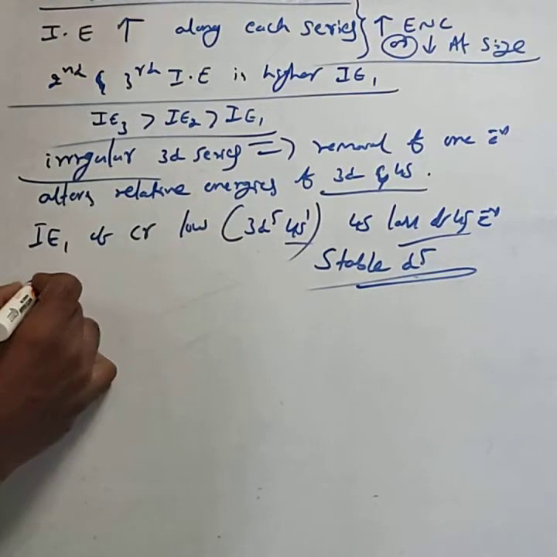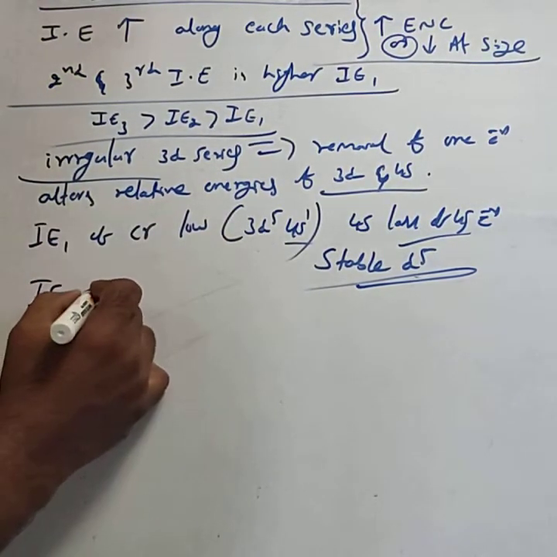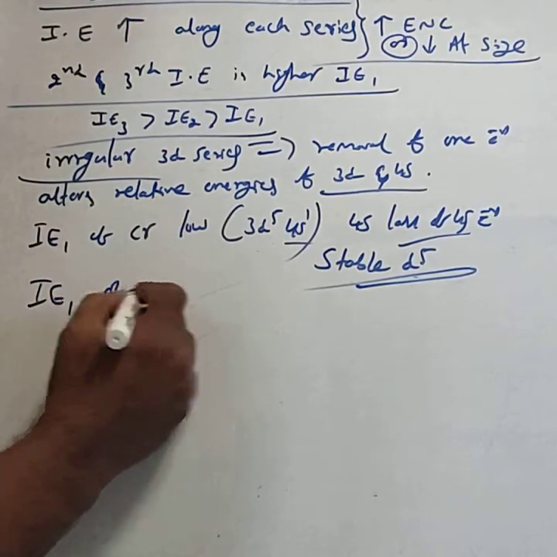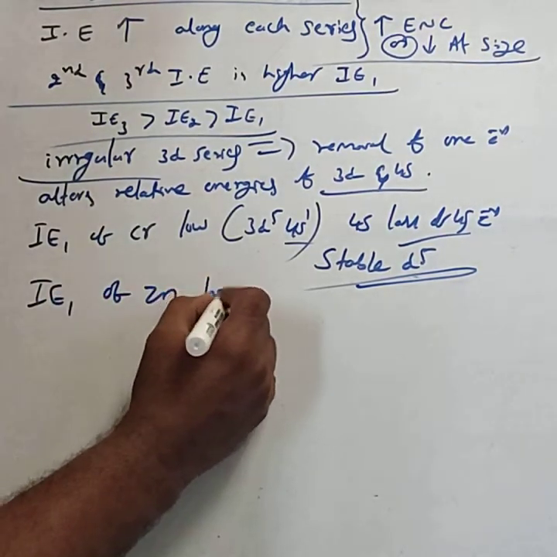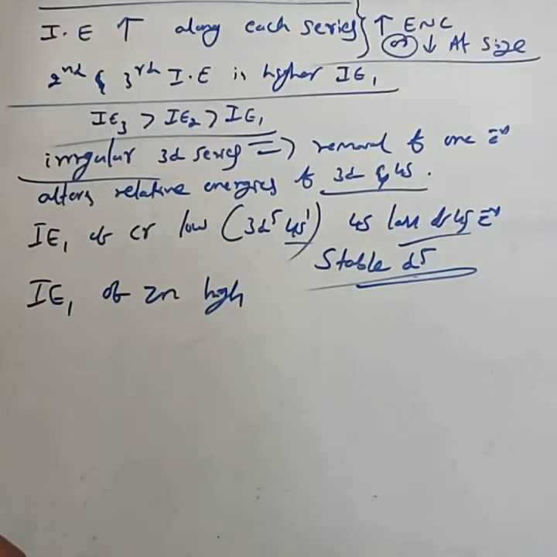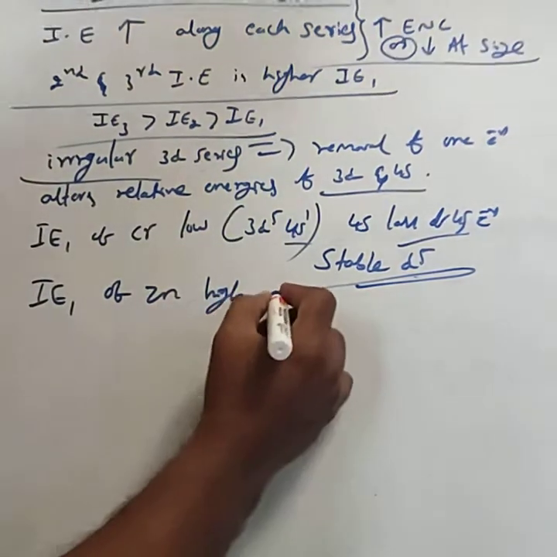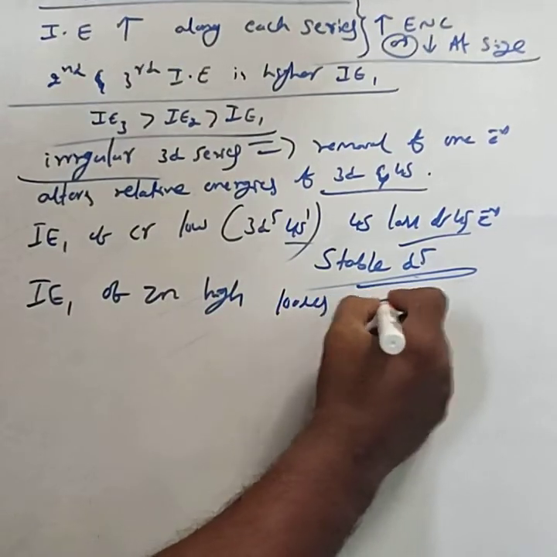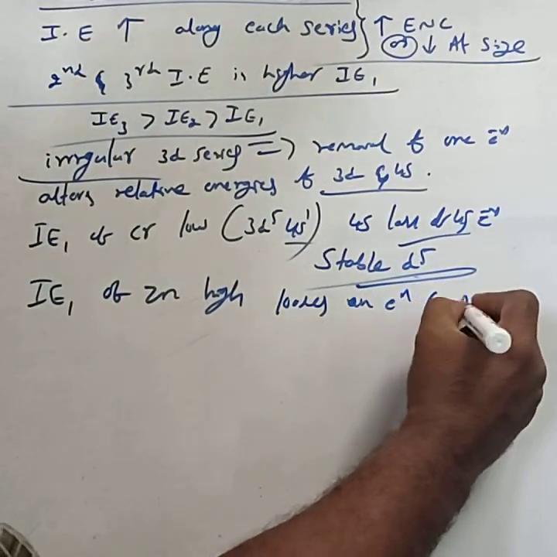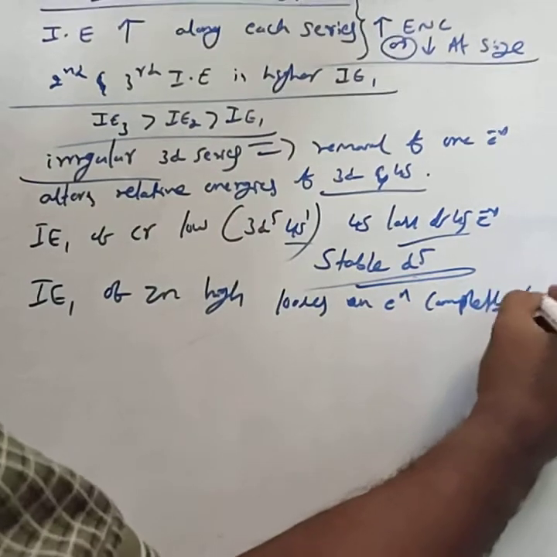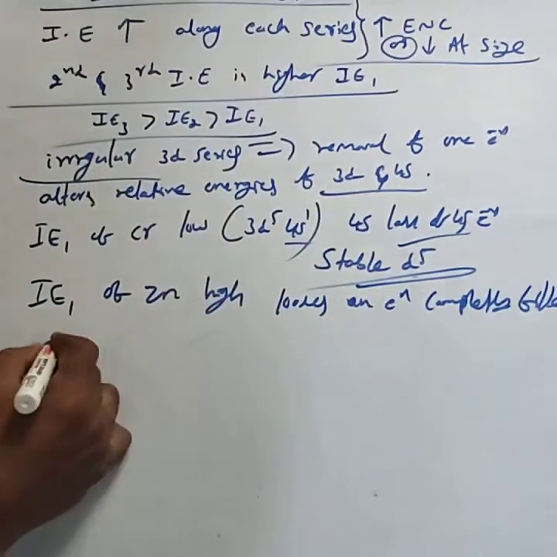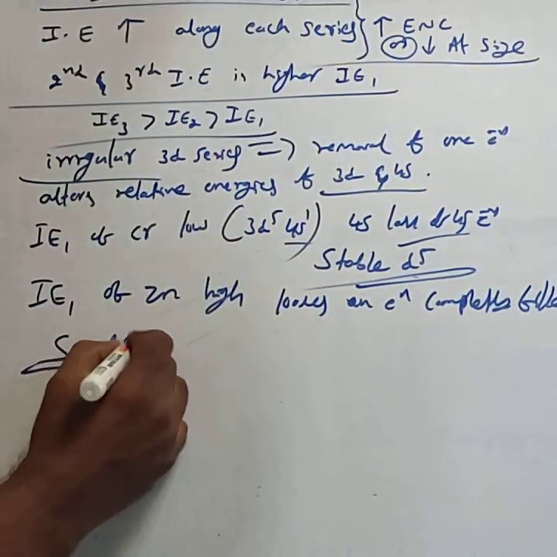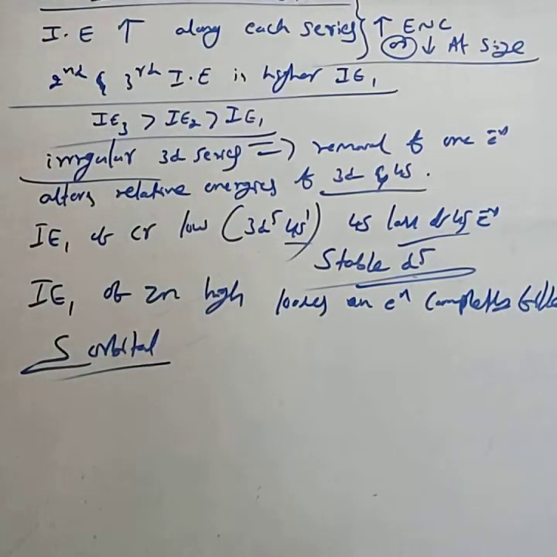Then IE1 of zinc is very high, because it loses an electron from the completely filled s orbital, and there is no change in the d configuration.